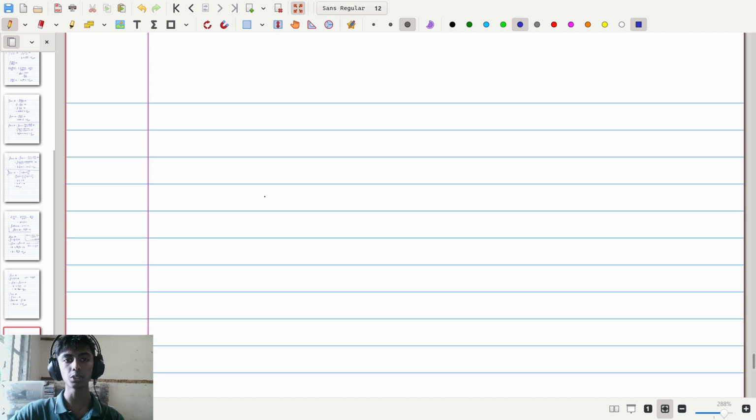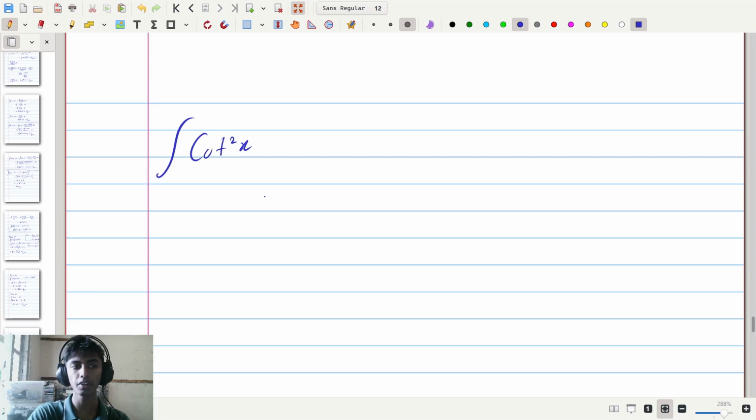Similarly, for the cotangent of x, we have another identity. For the integral of the cotangent squared of x, we can use the identity that we get when we divide sine squared of x plus cosine squared of x equal to 1, on both sides, by the sine squared of x. Doing so, we get 1 plus the cotangent squared of x being equal to the cosecant squared of x.